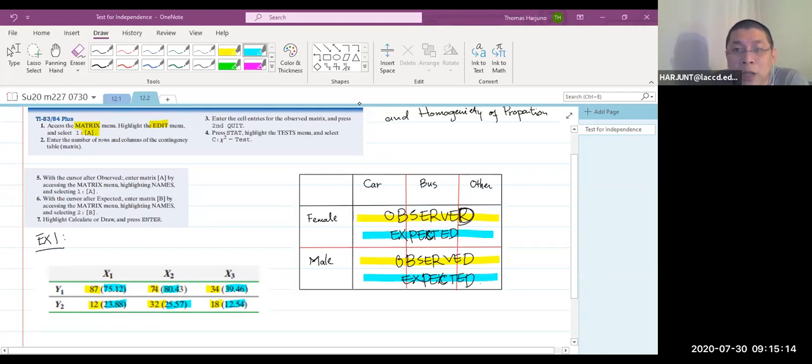So I go to second matrix again, but this time I add B. Make it 2 by 3.